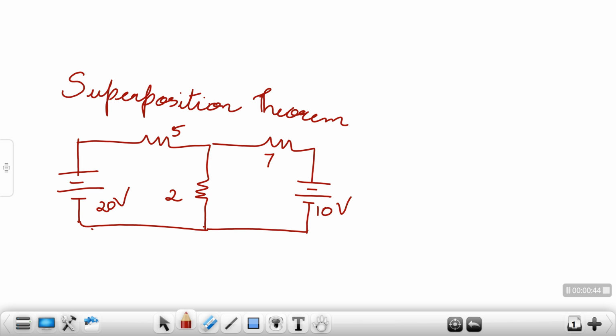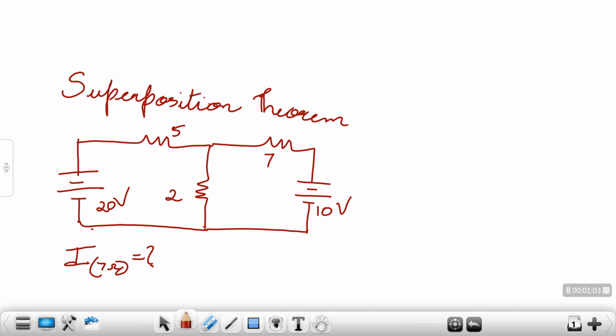Okay, this is the circuit that you have. Your job is, the circuit that is drawn is given to you. You need to find the current in the 7 ohms resistor. This is the question that is asked.